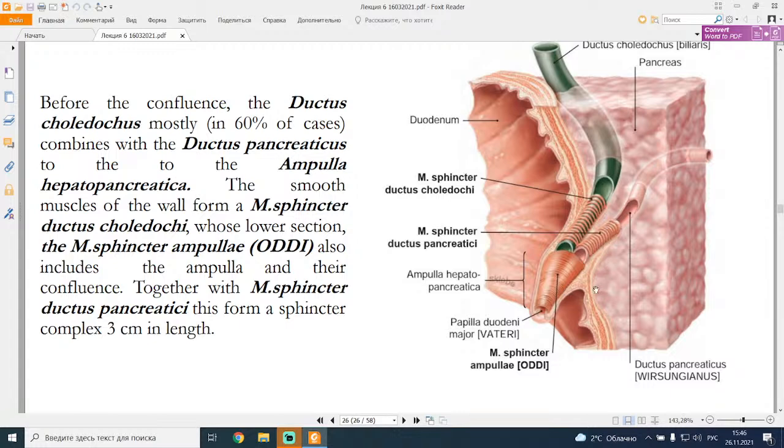This forms a sphincter complex 3 centimeters in length. What do you see? Musculus sphincter ductus pancreatici and musculus sphincter ductus choledochi.